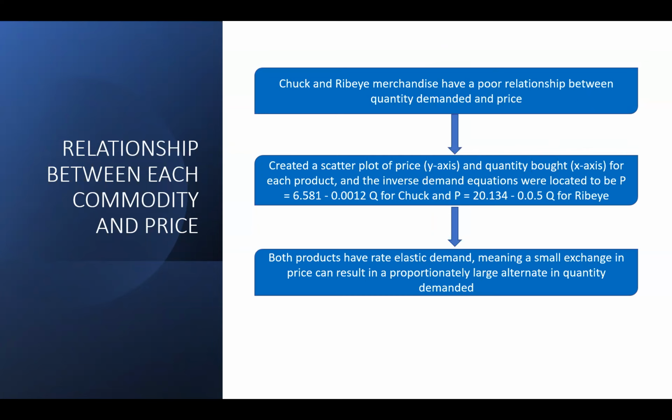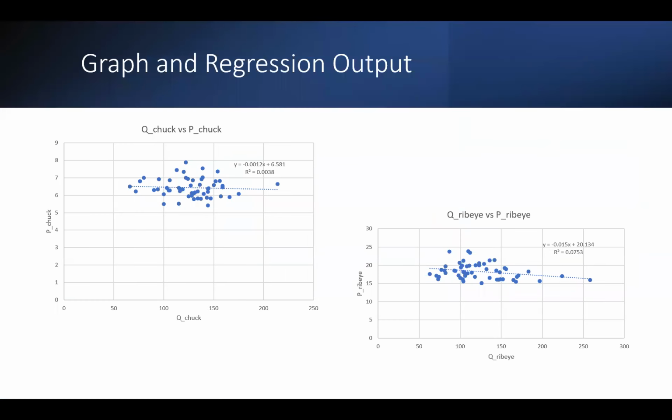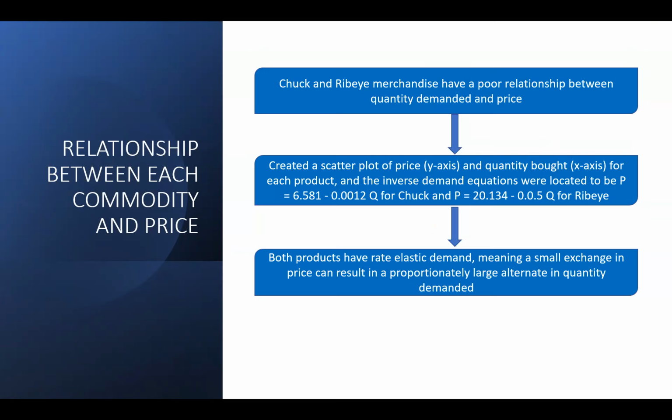For that we use the inverse demand equation. Here we can see the values for price for both chuck and ribeye in this slide. Both products have a rather elastic demand, meaning a small change in price can result in a relatively large change in quantity demanded.